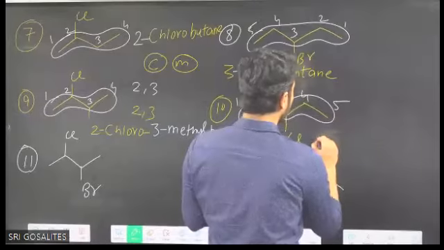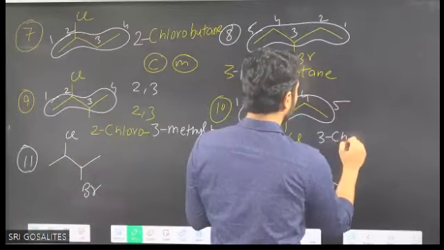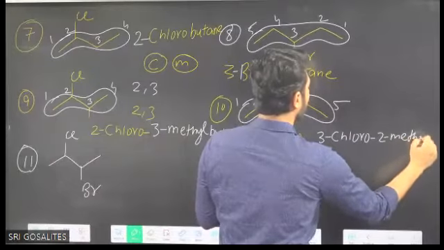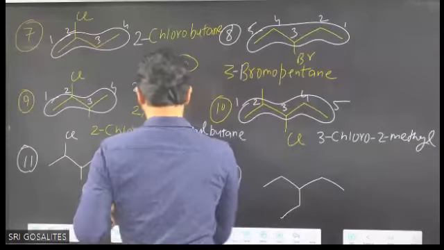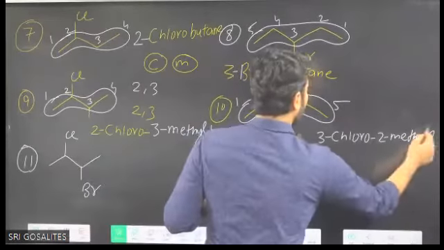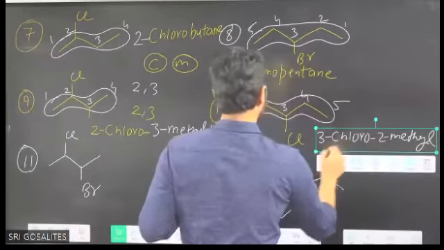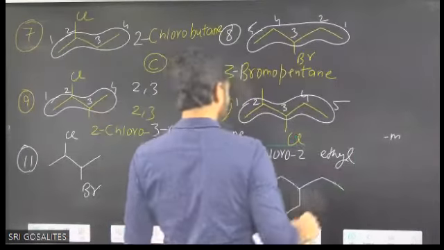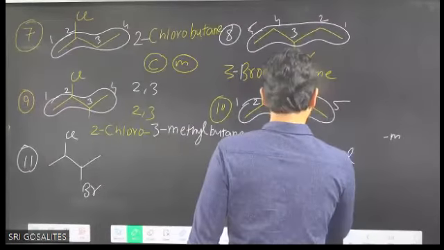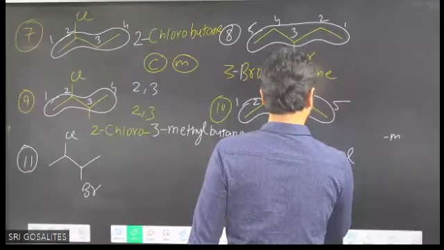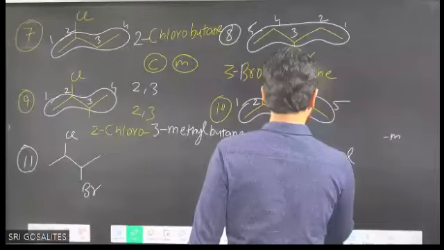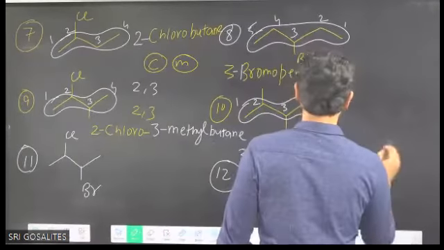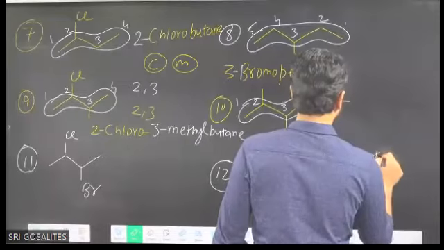Alphabetically, we have to write the names of the prefixes. 3 chloro, 2 methyl, prefix over, then root word, parent chain, 5 carbon, and then pentane.